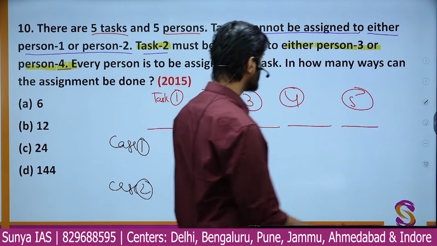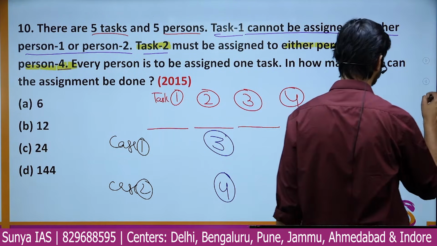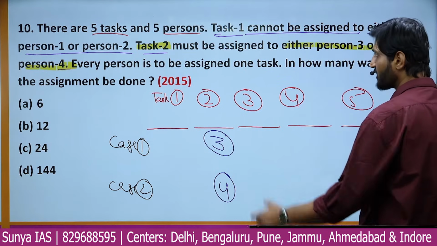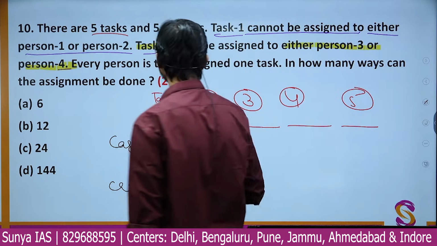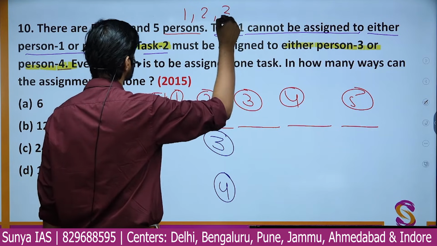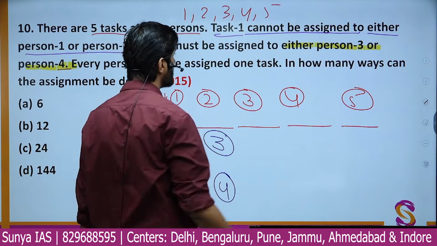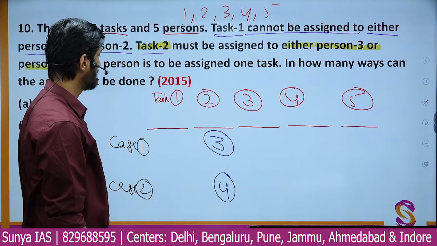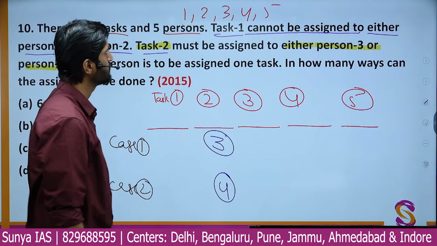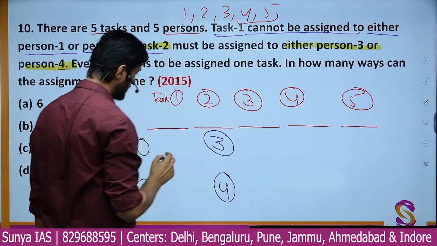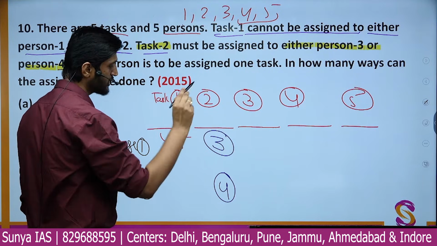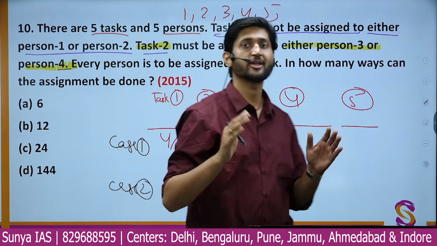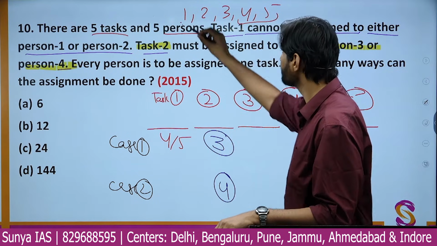Now the question further says, how many persons we have overall? We have 5 persons, which are 1, 2, 3, 4 and 5. Now if task 1 cannot be allotted to 1 and 2, then with 3 at this position, we have 4 and 5 to be assigned to task 1. Since task 1 cannot be given to 1 and 2, right?